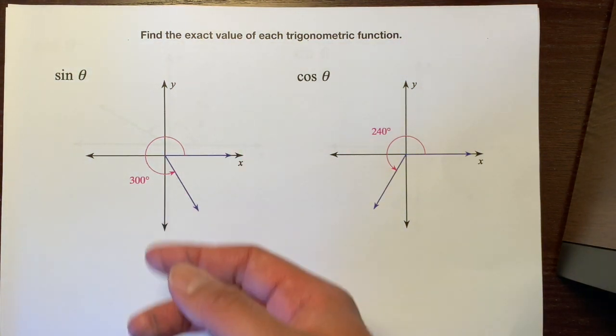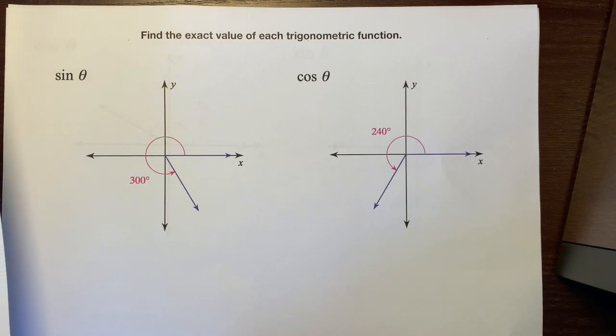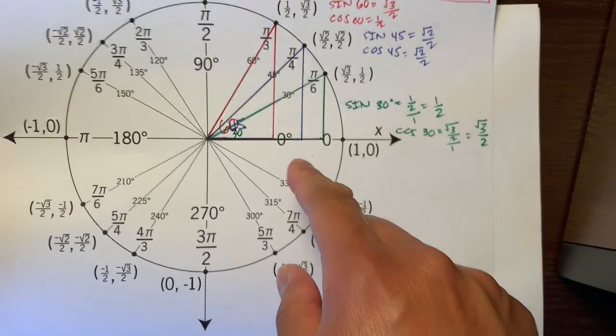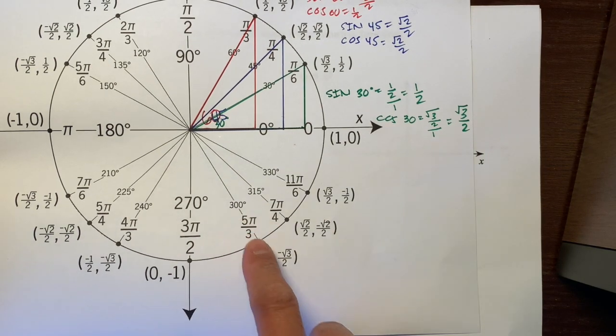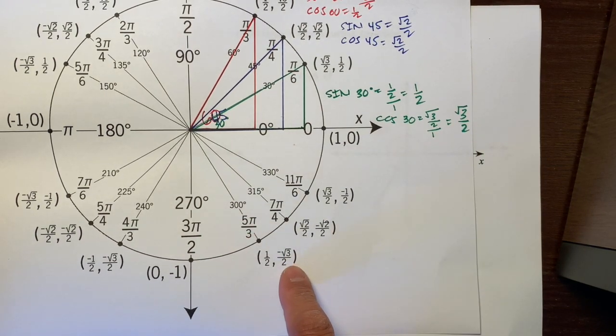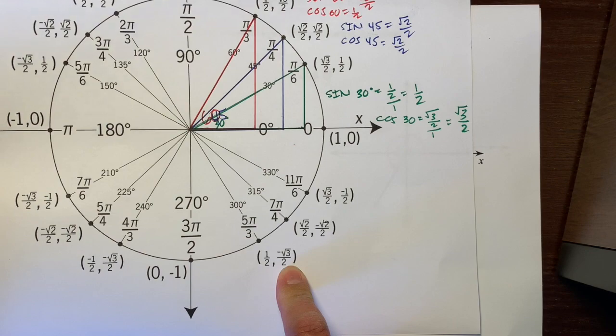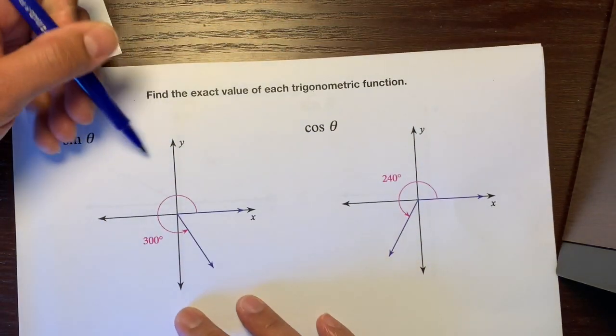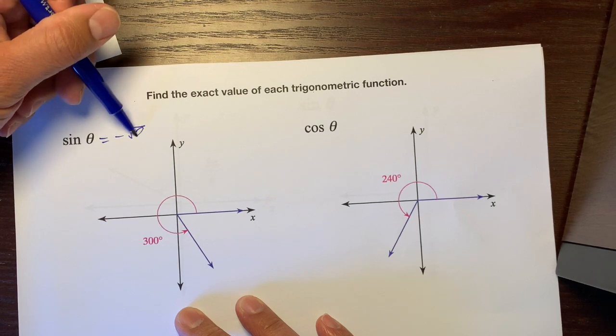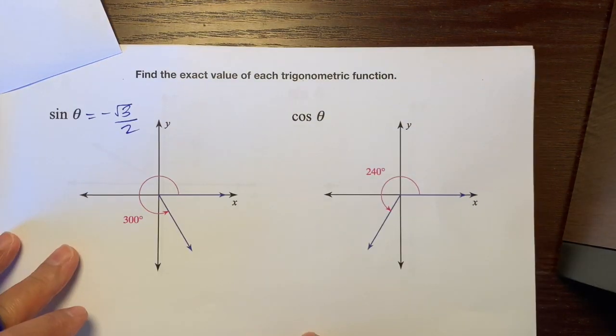I highly recommend it. It's good for you. If not, let's just refer to it. 300 degrees, we go 300 degrees right here, and sine of that is the y value, negative radical 3 over 2. So your answer is negative radical 3 over 2.